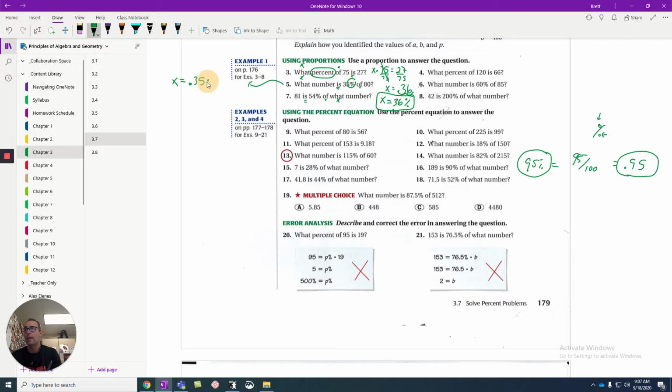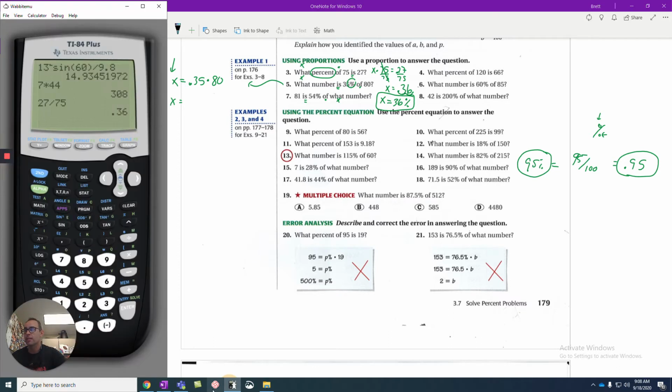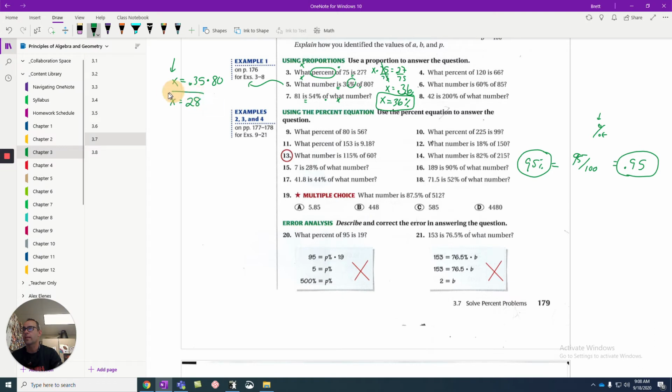Of means times, and 80. Now, look at this. Our x is completely alone already. I don't have to do any fancy math. I just need to figure out what 0.35 times 80 is. 0.35 times 80 is 28. 35% of 80 is 28.